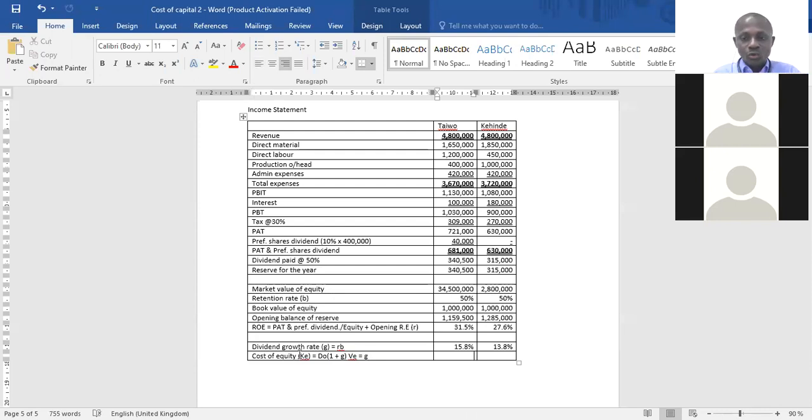What is our dividend? I told you, whether you are using per unit or total, you get the same figure. I'm using total here because my dividend is in total and my market value is also total. You don't need to start looking for per unit again.